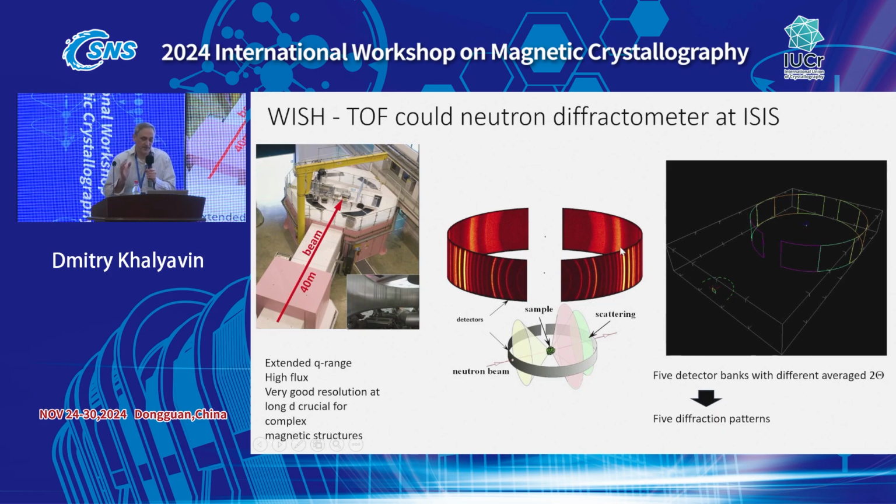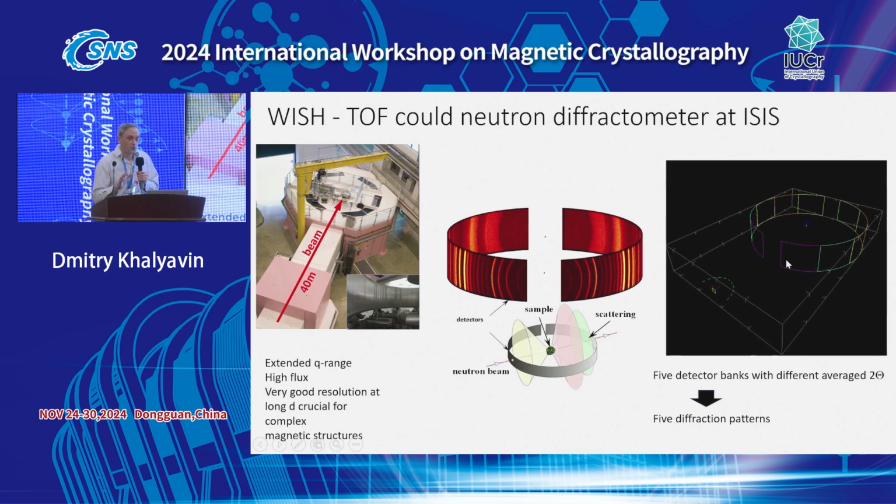We call them detector banks, as they're shown here with different colors. And we focus our data, we sum together the data inside these detector banks, assuming that resolution doesn't change much within these banks. Of course, it does change, but not as dramatically as between back scattering and forward scattering.